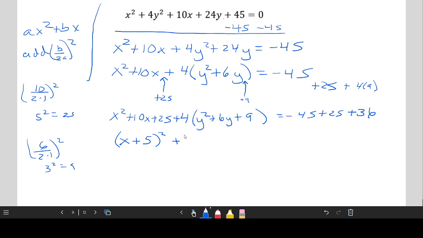All right, and then we're going to keep that 4 out front, and we're going to factor what's inside here. That would factor as y plus 3 times y plus 3, which is y plus 3 squared. Again, 3 squared is 9, 3 plus 3 is 6. It's a plus because that middle term was positive. And then on the right side, from our negative 45 plus 25 plus 36, we have 16.